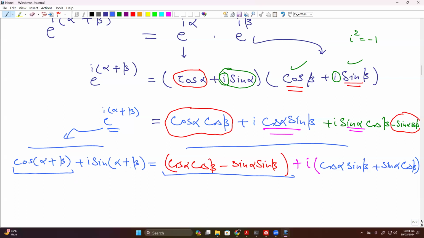So for this equality to hold, cos alpha plus beta must be equal to this term because this is the real part and this is the real part here. Similarly, this is the imaginary part, excluding this iota. Note it, iota will not be counted, and this is the imaginary part on this side.